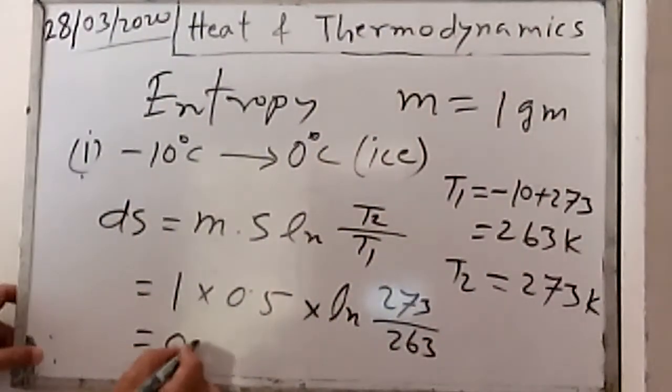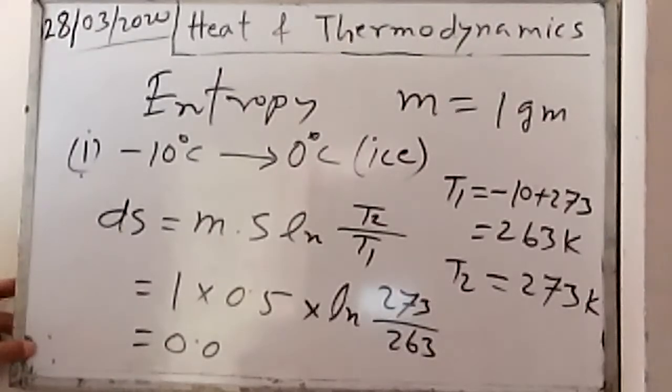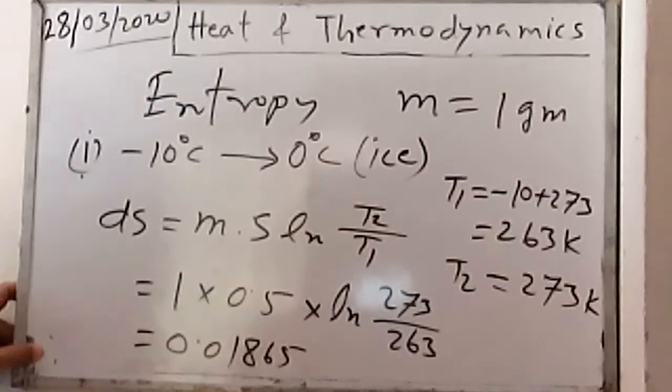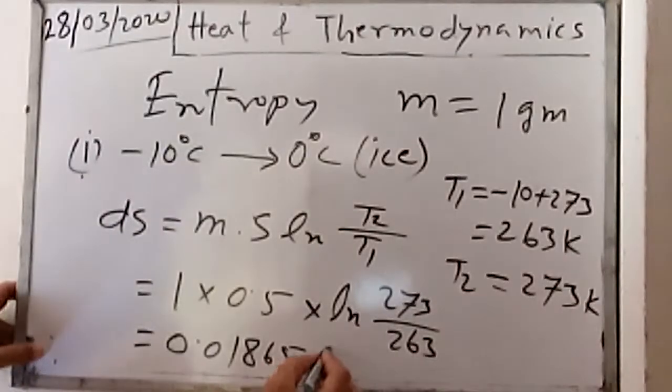Therefore, the result will be 0.01865 calorie per Kelvin.